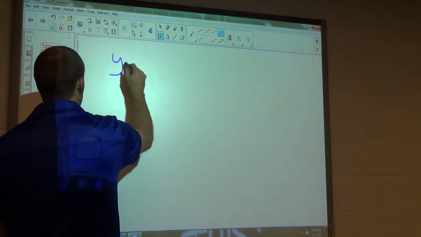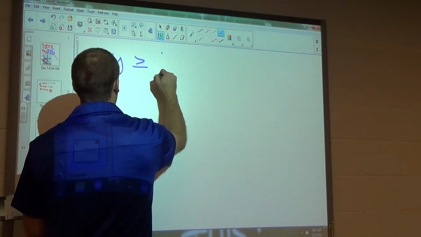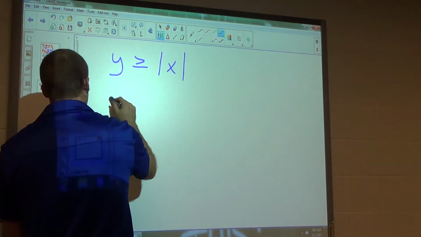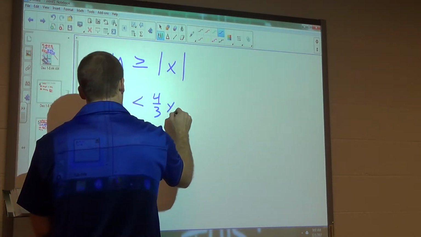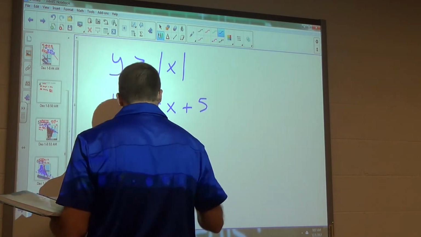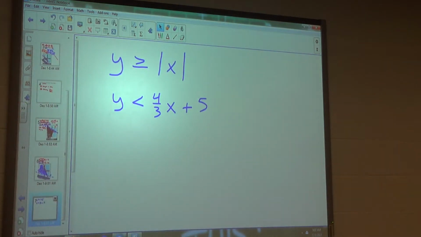Ooh, this is a good one. All right, there we go. Graph both of those. Number solid or dotted. What shape does an absolute value make? A V, yes.